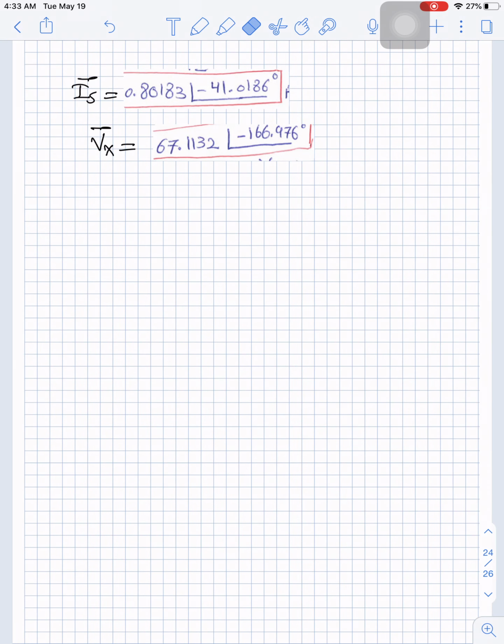So if we go back here, we can write I source of t as 0.80183 multiplied by root 2, because when we moved from time to frequency, we divided by root 2.